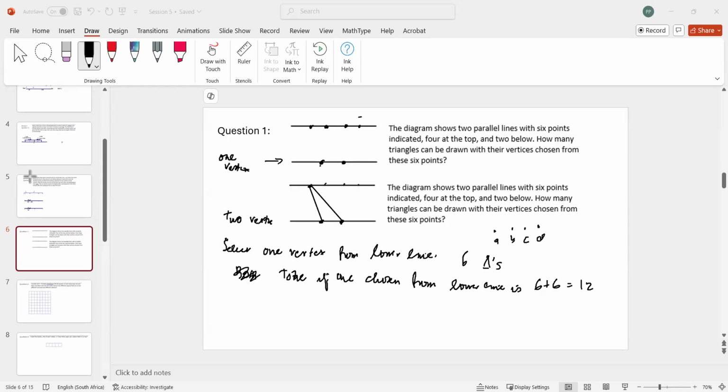So there are 4. For 2 vertices, you'll get 4 triangles. So the answer is 12 plus 4. If there's one vertex chosen from the bottom, you get 12. And if both vertices are chosen, 4 more, so that makes 16 triangles altogether.